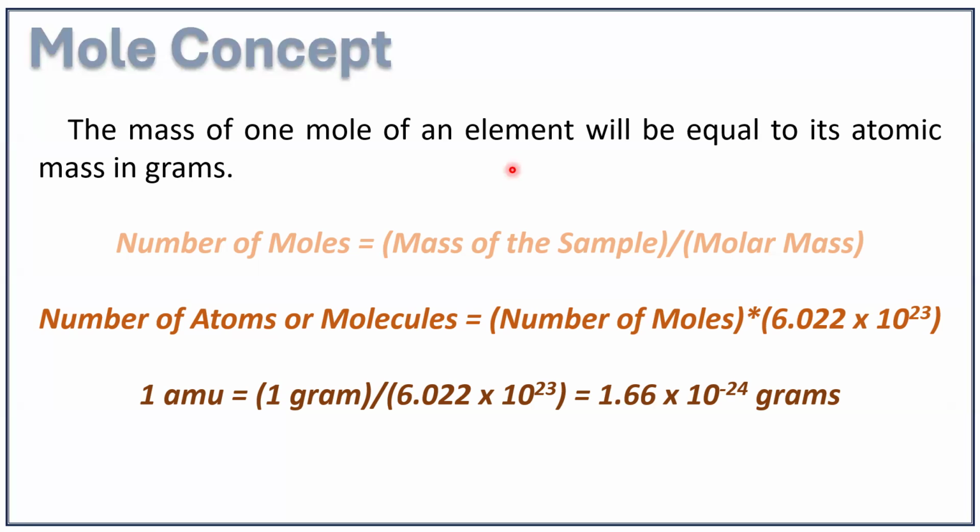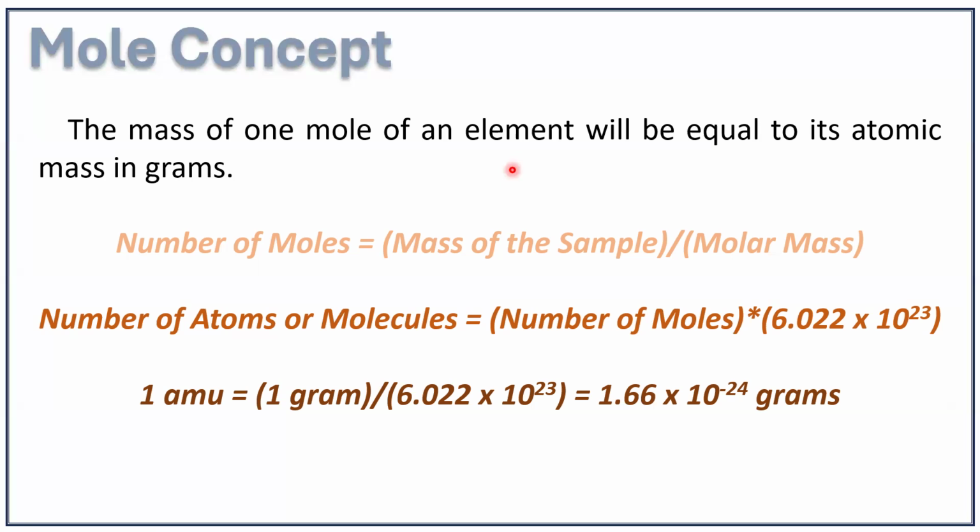And what if someone asks what will be the weight of 1 mole of water molecules? One molecule of water weighs 18 amu. So 1 mole of water molecules will weigh 18 grams. So we can calculate the weight of any element or molecule using this concept.